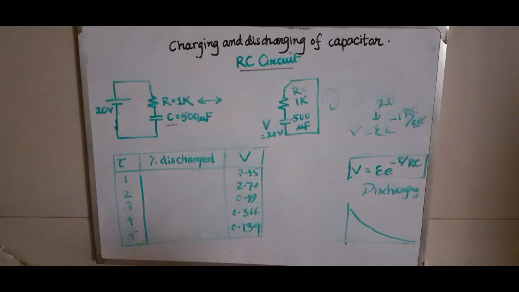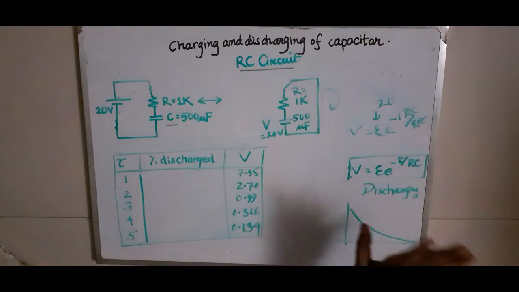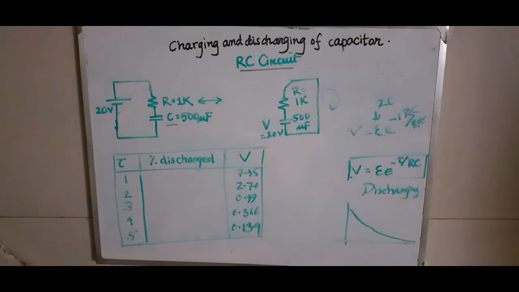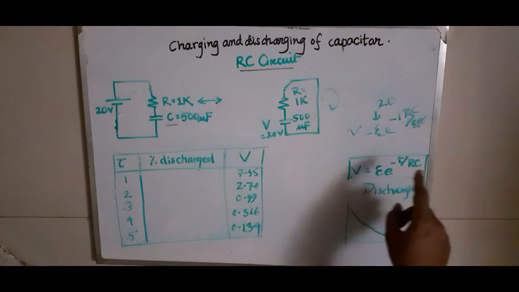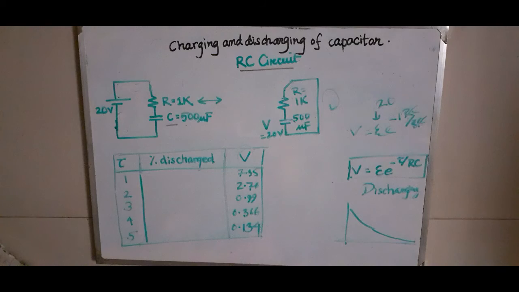You don't have to complicate this thing. So we have 20 e to the power minus 2, that gives us 2.70.